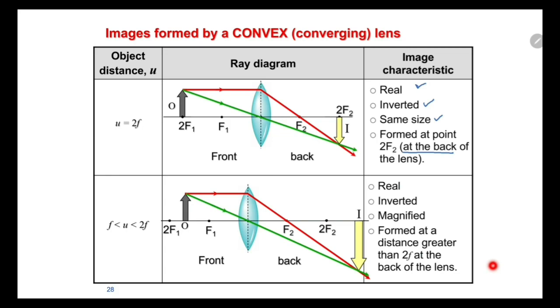Then, if you put your object between the focal length and 2 times the focal length, the image will form at a distance greater than 2F, located at the back of the lens. Therefore, the image is real, inverted, and magnified.